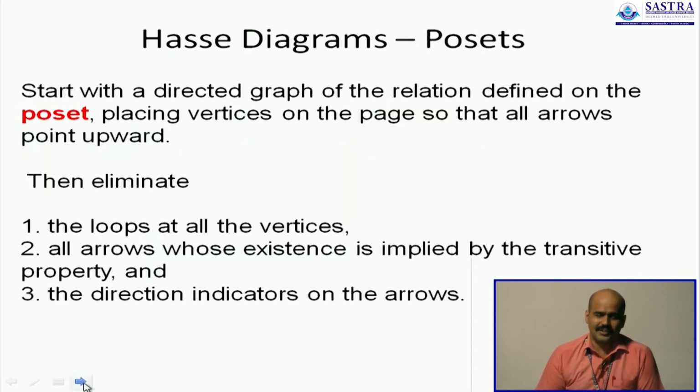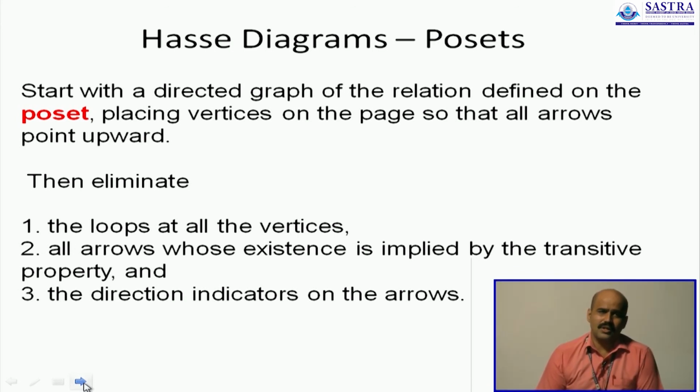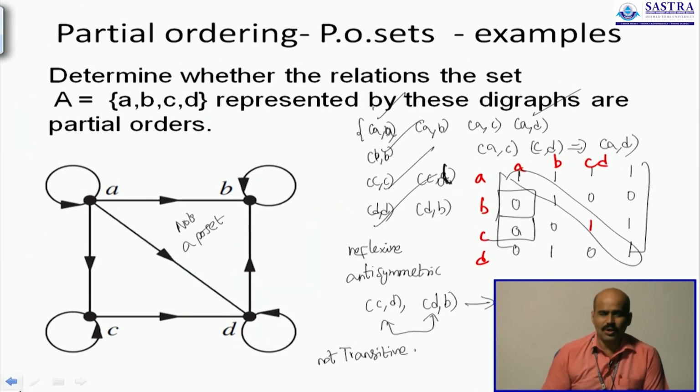The next section that we will take up for discussion is a pretty interesting form to represent a relation pictorially. Some time back we also had a look at representing a relation using a digraph, but if you can recall, drawing a digraph can lead us to a representation that is not very clear.